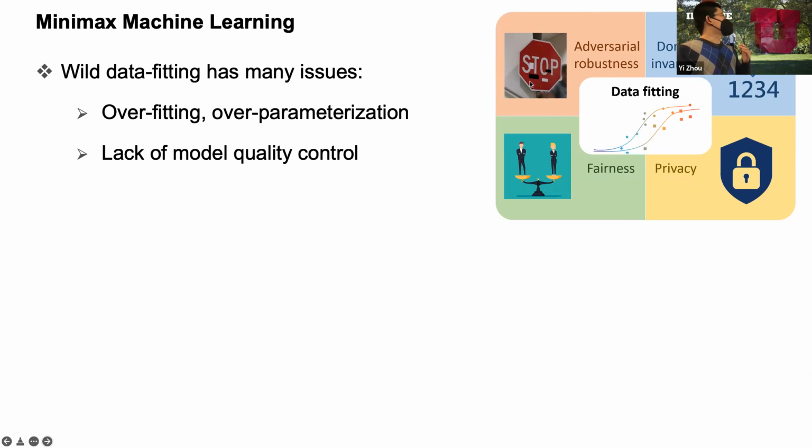we found that the models trained by traditional machine learning are vulnerable to adversarial attacks, in the sense that you can just slightly perturb an image, and that will completely fool the classification result of the neural network. Similar issues occur in other domains, like in domain invariance applications.